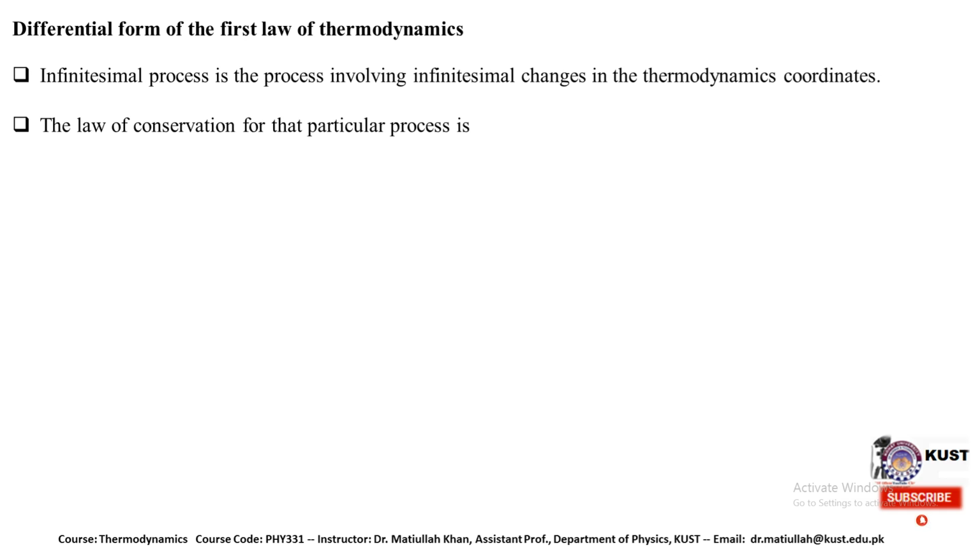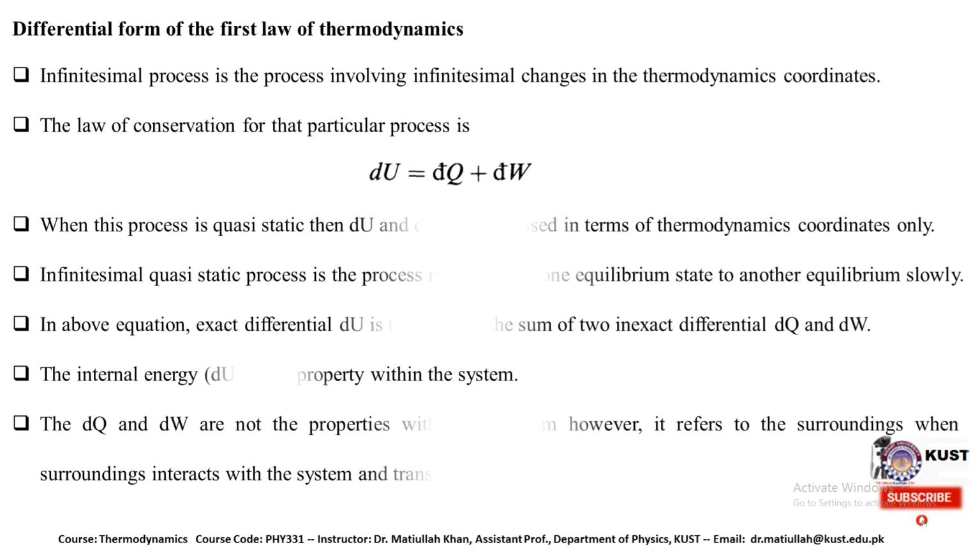We can write the law of conservation for such an infinitesimal process as dU = dQ + dW. dU is the change in internal energy, dQ is the heat given or taken up by the system, and dW is the work done.